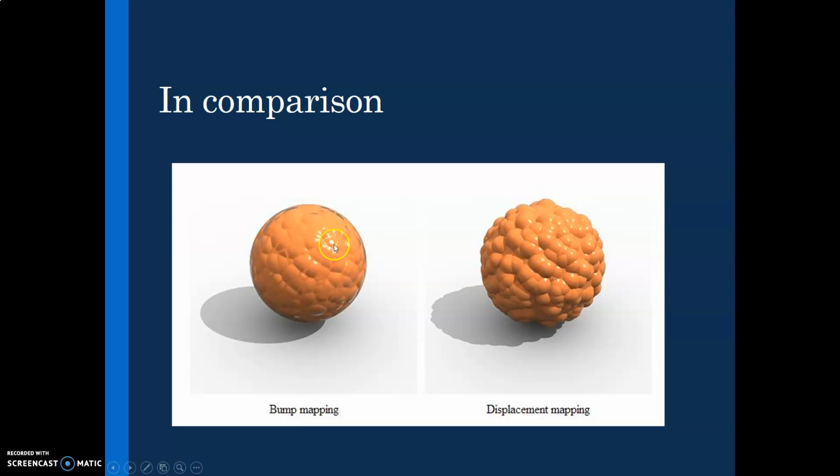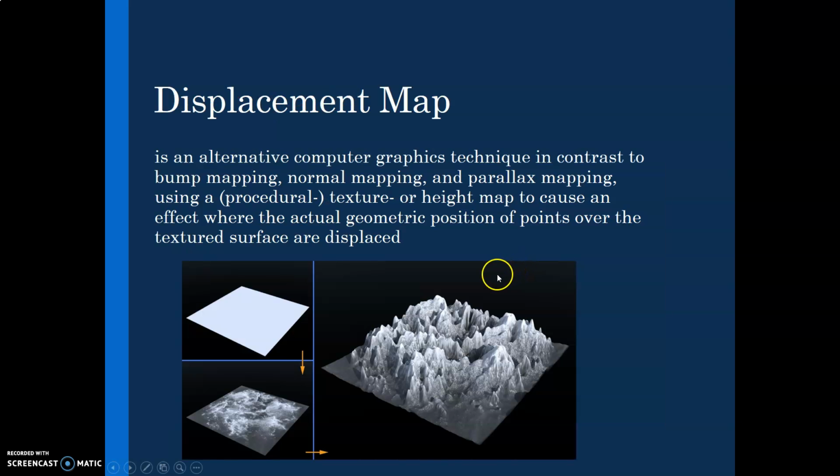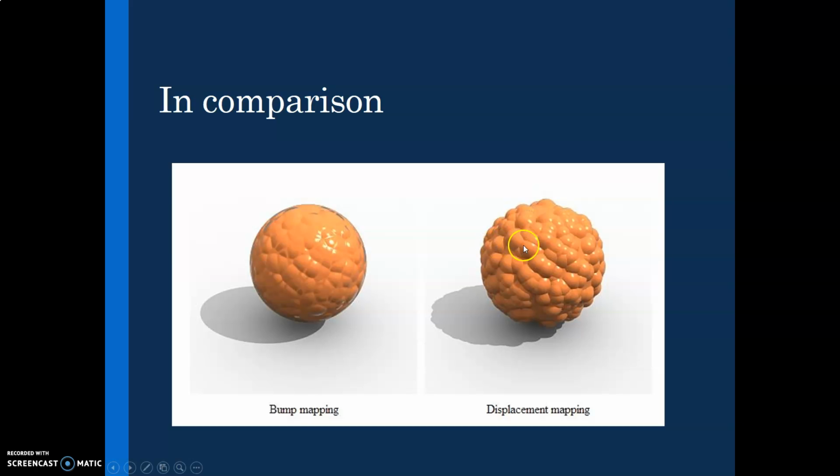And if you use too many displacements, the rendering time will be much longer. Things like terrain, maybe you can use it, human face, maybe you can use it. So you have to balance between the rendering time and the need for it.